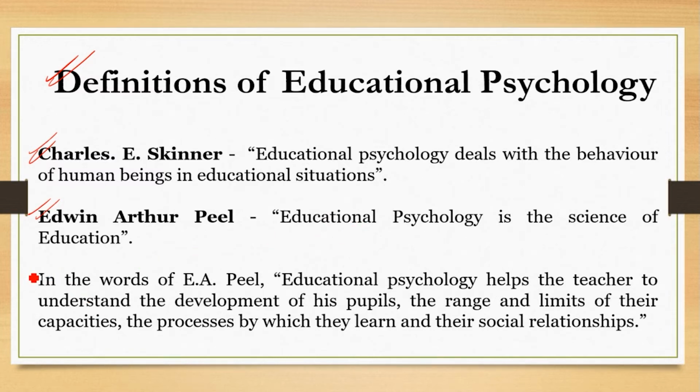Now for further understanding, in the words of E.A. Peel, educational psychology helps the teacher to understand the development of his pupils, the range and limits of their capacities, the processes by which they learn, and their social relationships. So these are the definitions of educational psychology. Why I chose this particular slide to be included is because in B.Ed, most of the times you will be asked to write scholarly definitions. So in that case, you can choose one of these two.